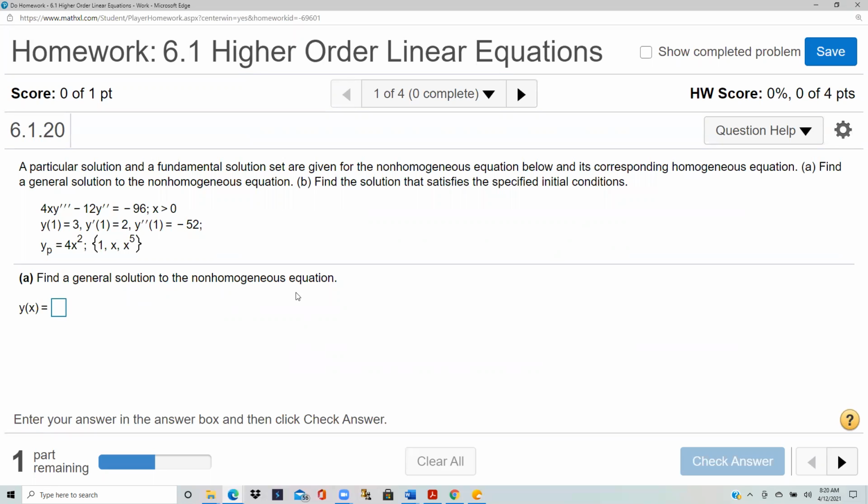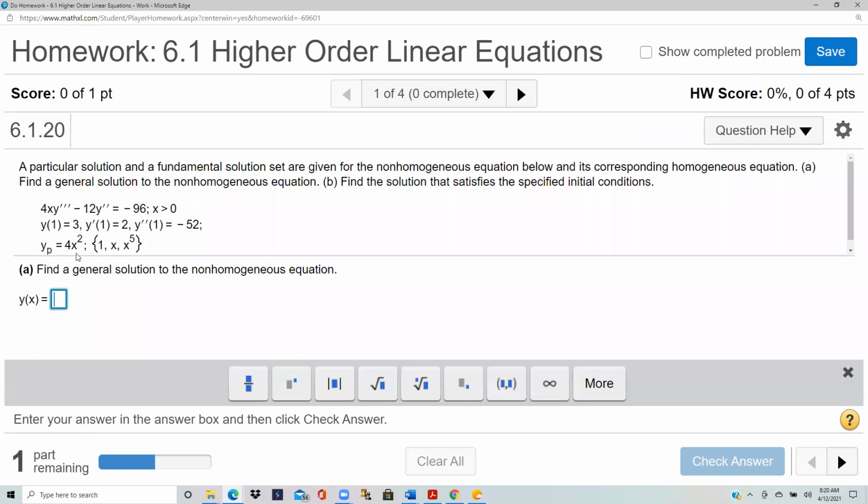So find a general solution to the non-homogeneous equation. Okay. So we know the general solution will be yp, so you have 4x squared plus you have ay1, so a times 3.